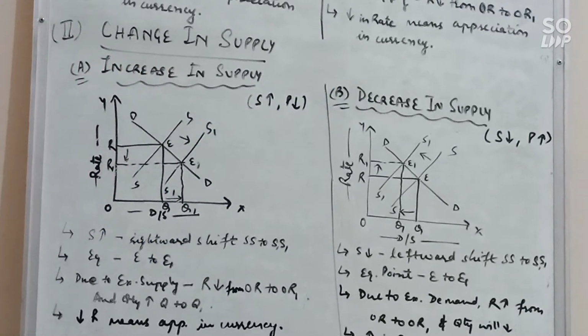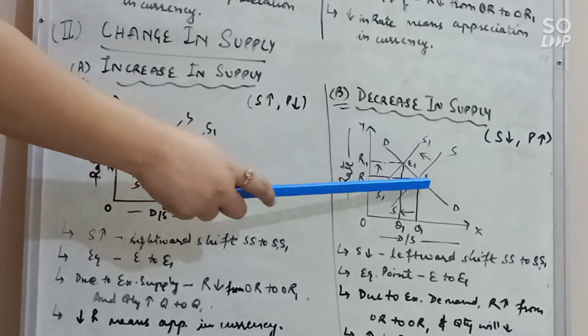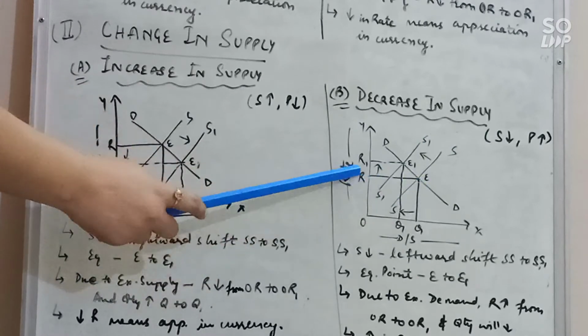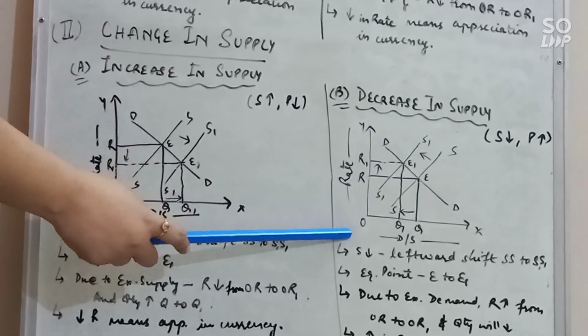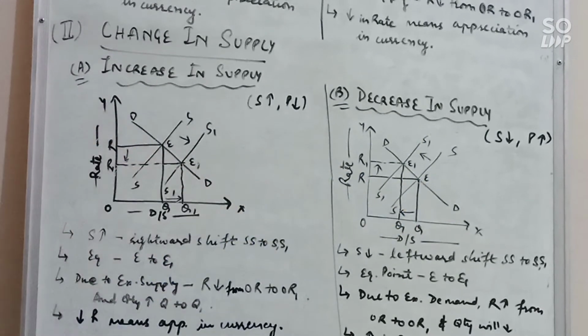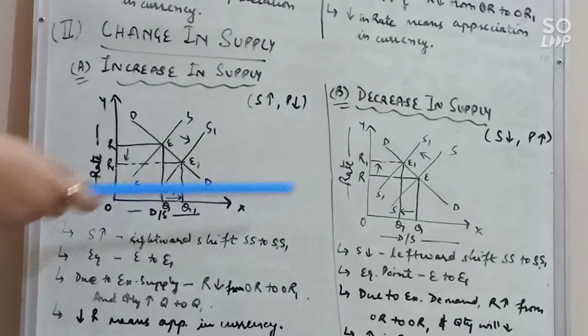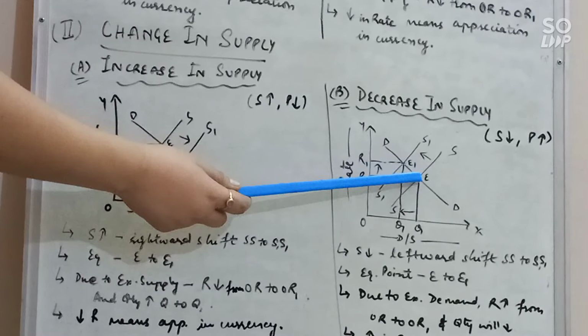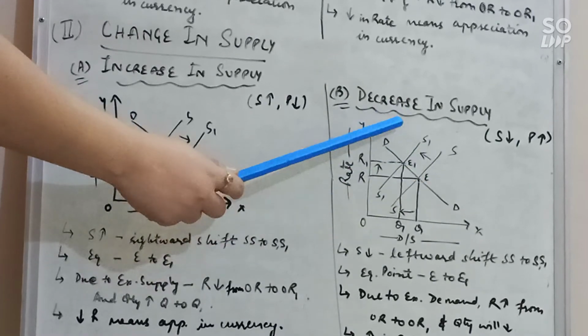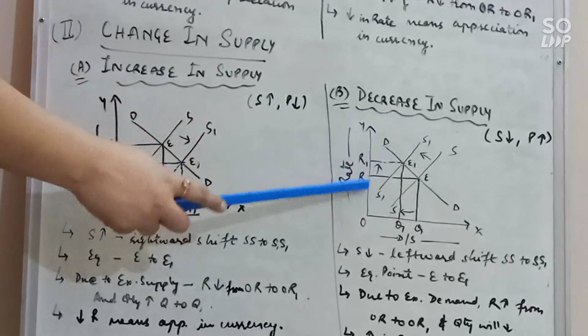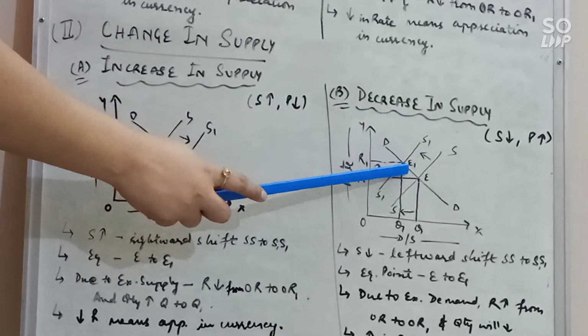Now second is decrease in supply. If there is decrease in supply, what will be the effect on the exchange rate? Let's see. Again we have E, the initial equilibrium point where demand and supply curves intersect, and OR is the original equilibrium rate, and OQ is the original equilibrium quantity. Now if there is decrease in supply, the supply curve shifts leftward, SS to SS1, and this new curve intersects demand curve at point E1.